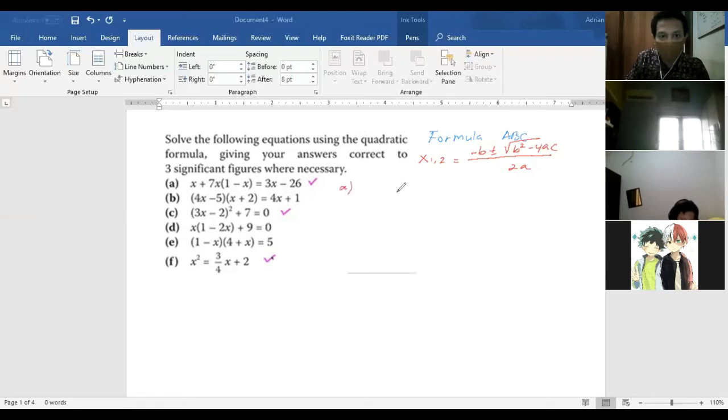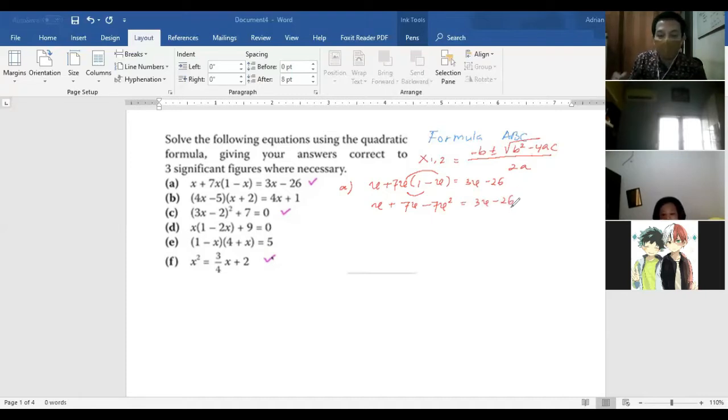x plus 7x open the bracket 1 minus x equals 3x minus 26, right? You have to solve this one first. Open the bracket, so x plus 7x, and then again minus 7x squared, equals 3x minus 26.